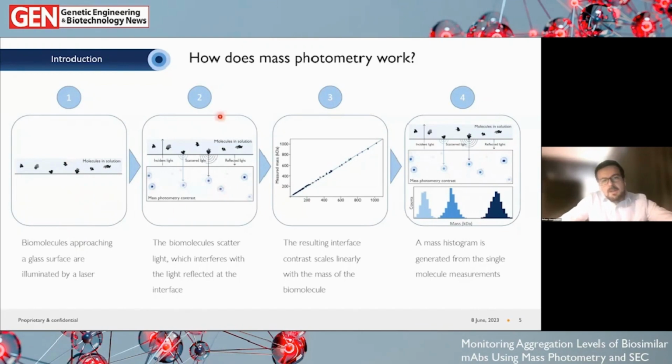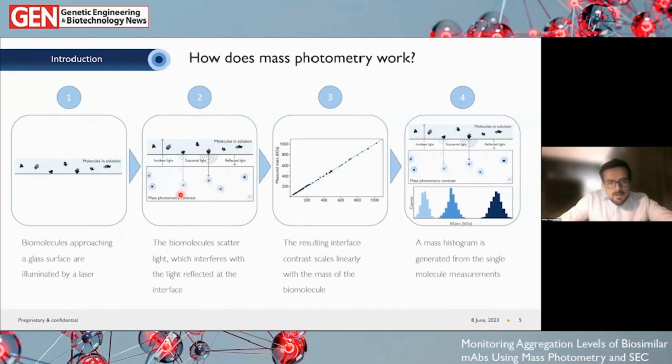And what we get, if we move to number 2 panel here, is that there is a glass water interface. So you'll have a large amount of reflected laser illumination, but some of that incident laser light will also be scattered by the molecules in solution. And this technique relies on the interference of the reflected light and the scattered light. What you then get are these classic airy disks or point spread functions.